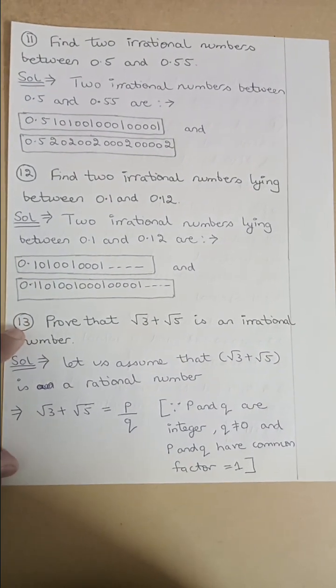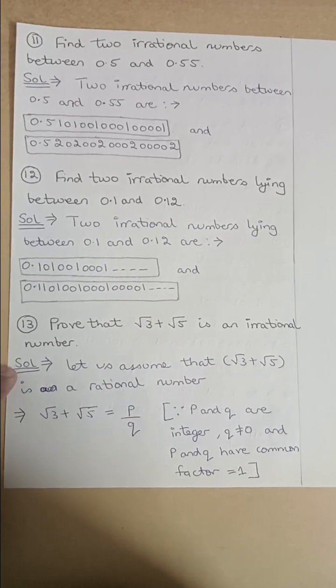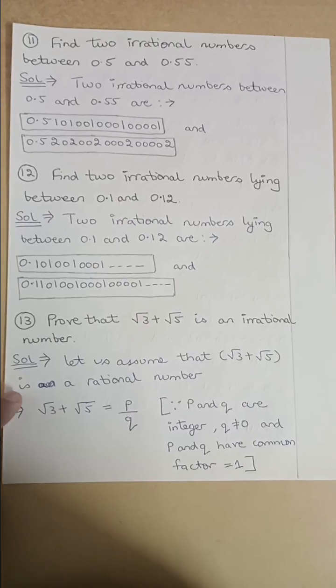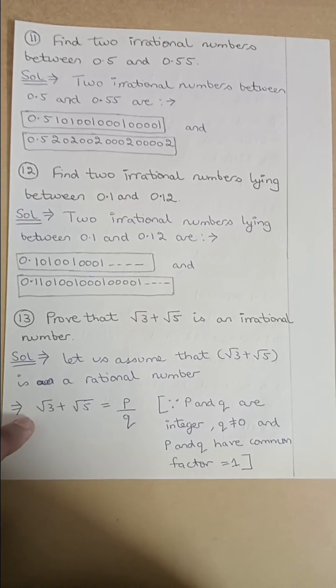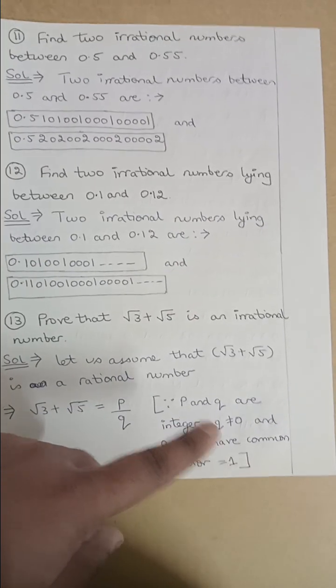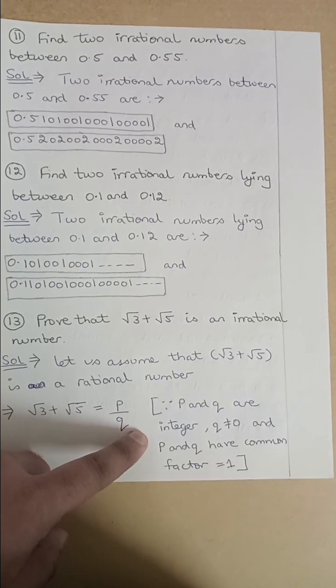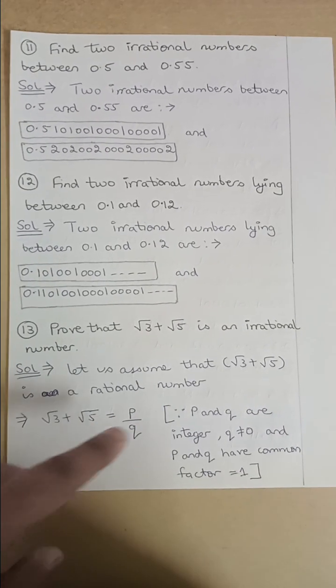13th question, prove that root 3 plus root 5 is an irrational number. Solution, let us assume that root 3 plus root 5 is a rational number. This implies root 3 plus root 5 is equal to p by q, where p and q are integers, q not equal to 0, and p and q have common factor equal to 1.